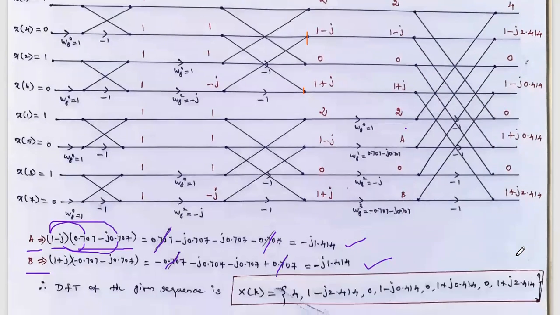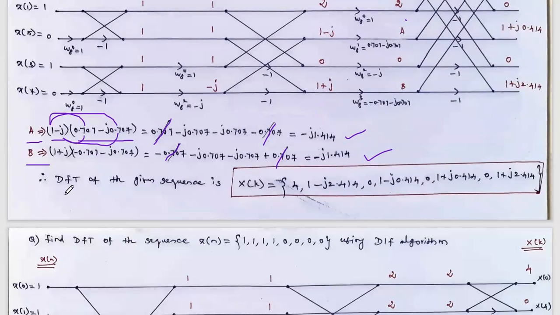Finally, you write the DFT of the given sequence: capital X of k is equal to 4, 1 minus j 2.414, 0, 1 minus j 0.414, 0, 1 plus j 0.414, 0, and 1 plus j 2.414.